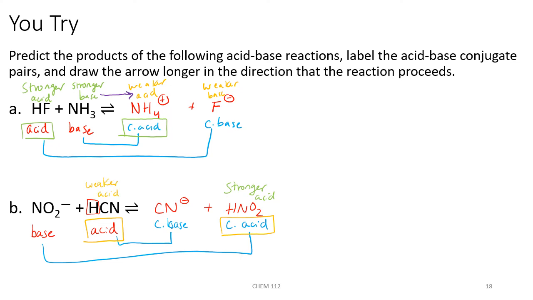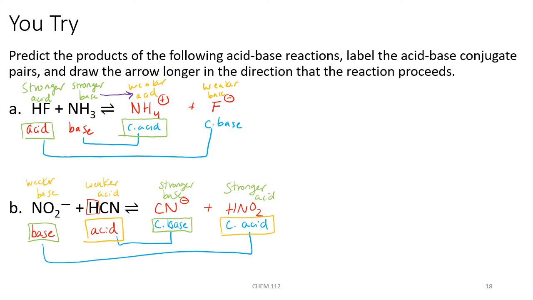And so that means that the cyanide would also be the stronger base. If we were to look on our chart and compare CN- on the right-hand side to NO2-, you'll see that CN- is lower on the right, which means it's the stronger base. And NO2- is higher, which means that it's the weaker base.